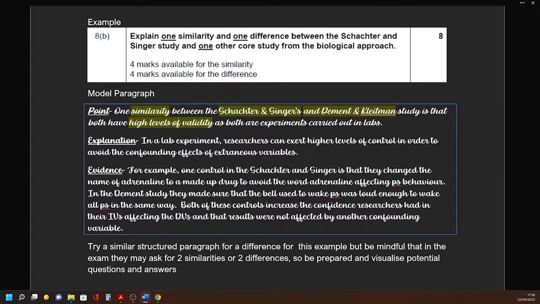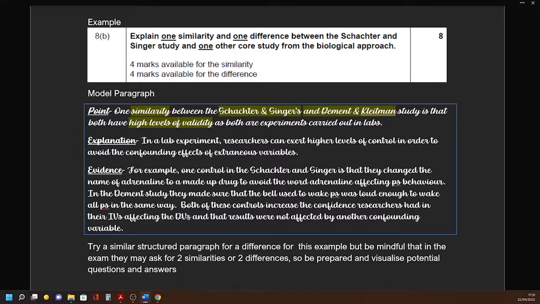One good thing, I think I mentioned this before, is that this is an 8 marker and you only need 2 paragraphs. If you think about it, in the 10 marker you need to write 4 paragraphs and you get 10 marks. So the 8 marks are a nice gift from the exam, where you write 2 paragraphs and get 8 marks.